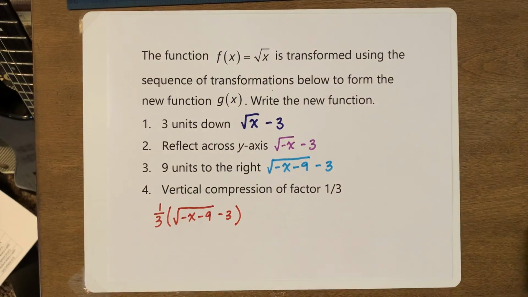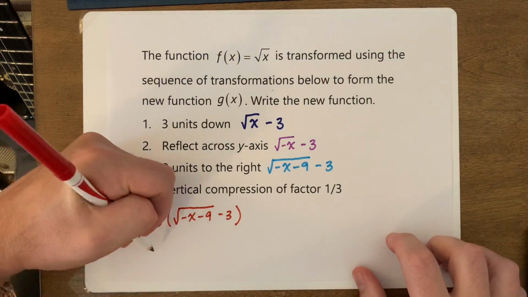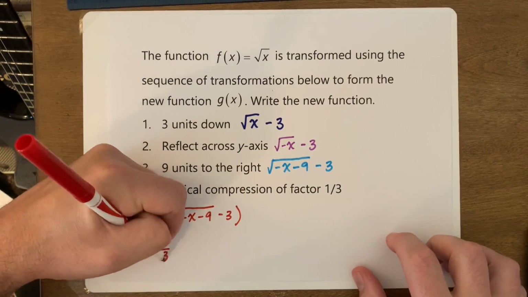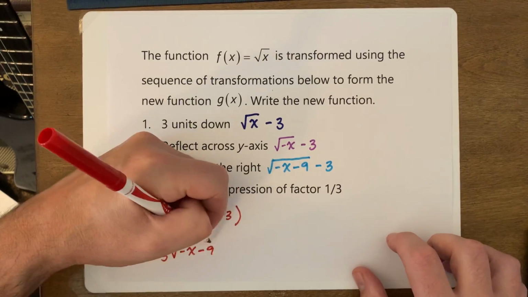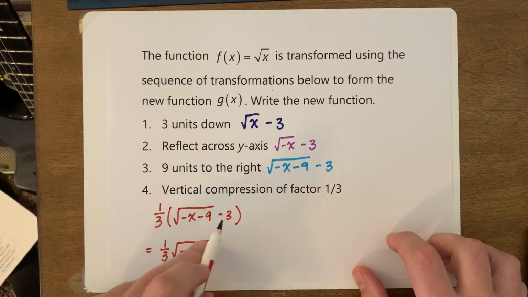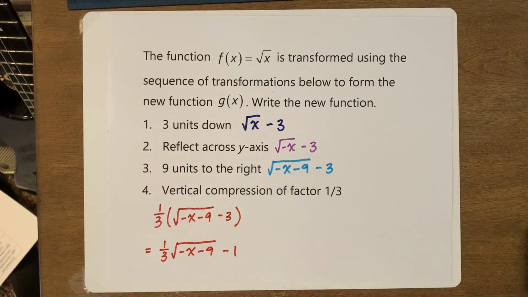Okay, so let's be very careful here. When we multiply this whole thing by 1/3, we're actually going to get 1/3 of negative x minus 9, and then 1/3 of negative 3 also. So minus 1. I'm going to claim, by following instructions, that this is my final answer here. And so let's see what that looks like on Desmos.